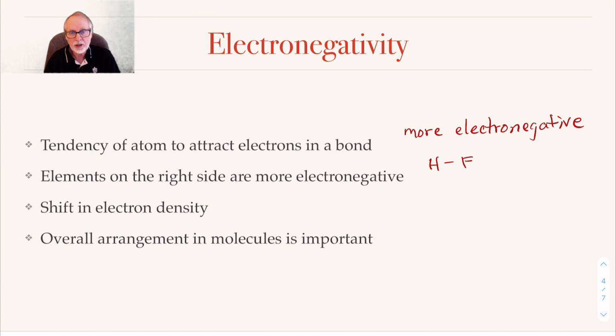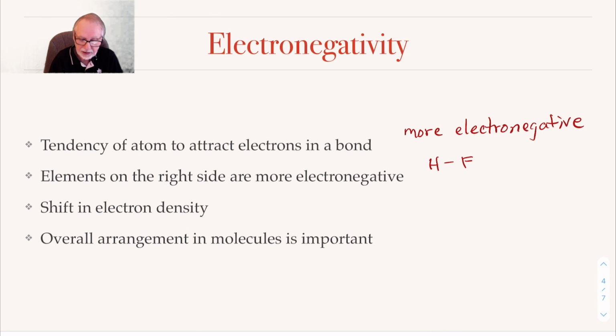Now, we'll note trends in electronegativity within the periodic table in a few minutes, but I will point out that fluorine is the most electronegative element in the periodic table. That means within a covalent bond, it has the strongest pull of electrons toward it than any other atom in the periodic table.